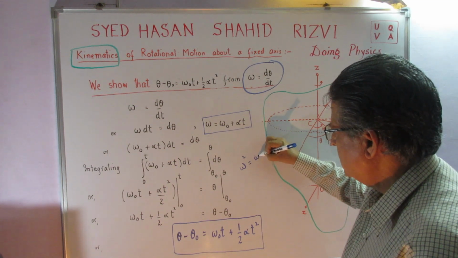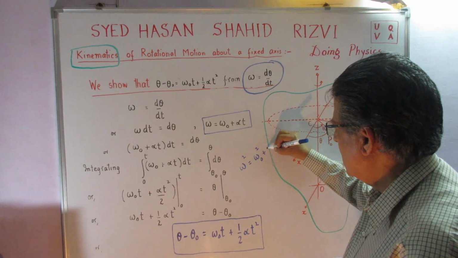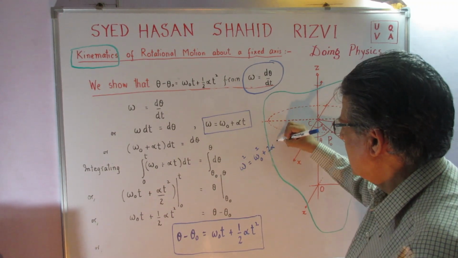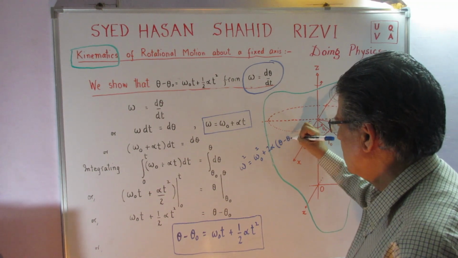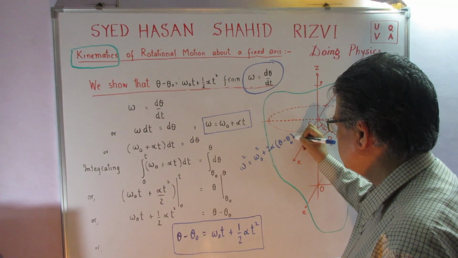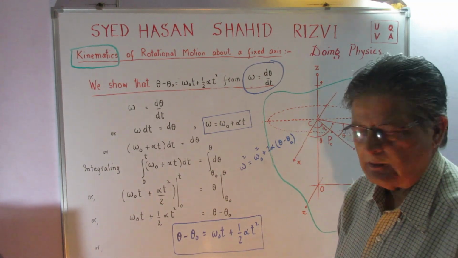To derive the third equation, and that is omega square is equal to omega naught square plus 2 alpha theta minus theta naught. It's easy, like we did in the case of the translational motion.